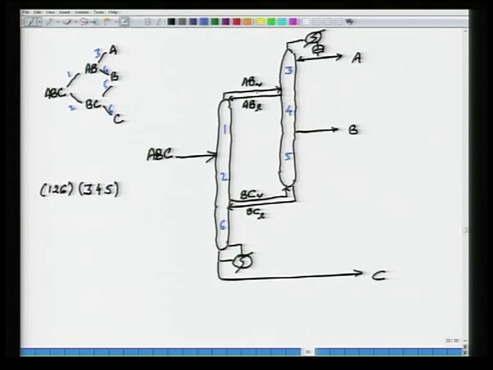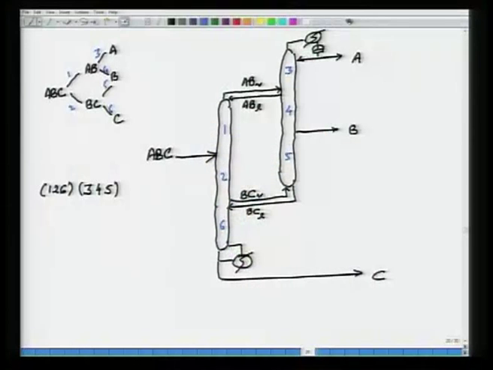So, that AB vapor is taken up the top of this section 1. If you go down the feed, you will get, A cannot go down. So, there will come a place where your liquid composition is essentially BC, that is where you take out this side draw of a vapor, which is BC. If you go further down, B cannot go down because it is lighter than C. So, you take out C here, alright.